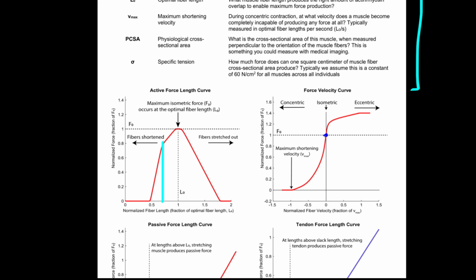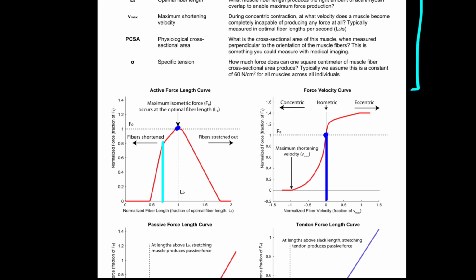So this point right here is the same as this point right here. When the velocity of a muscle is 0, that means you're doing an isometric contraction. And so you're going to be producing whatever that maximum isometric force is.